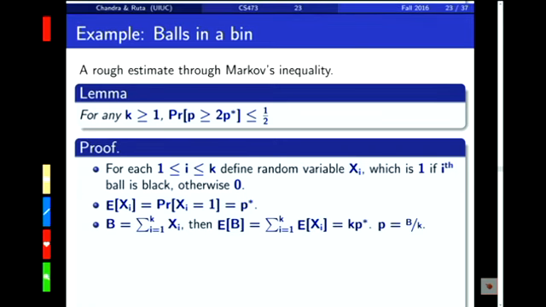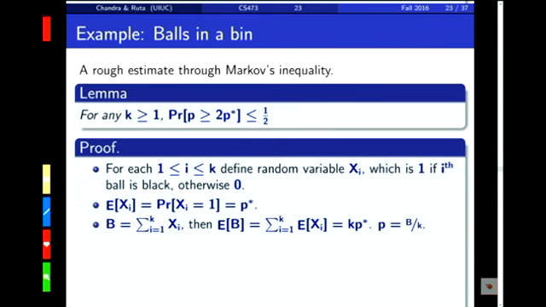So what is the number of black balls? That is exactly the summation of xi's. The number of black balls I see is exactly the summation of xi because xi is 1 only when the ith ball is black. And by linearity of expectation, the expectation of B is the summation of the expectations of xi's, and the expectation of xi is P star.